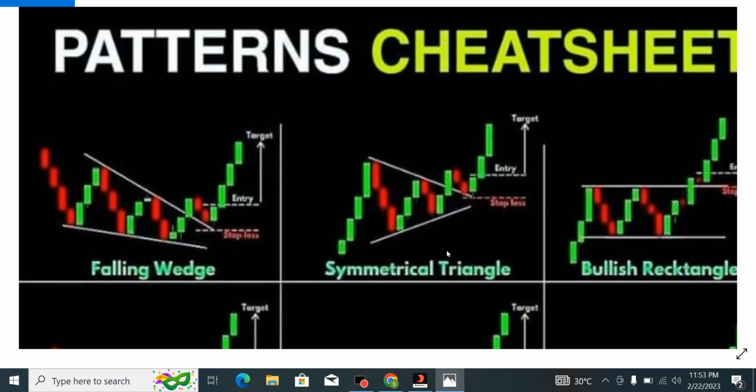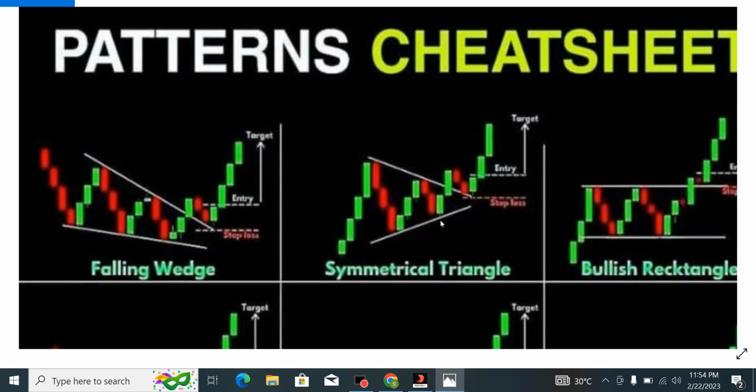Then this is like the opposite of it. It is called the symmetrical triangle. It was coming from a bullish trend before, and of course got to this resistance, pulled back, went back up again, pulled back, and now it has broken out above the resistance zone.